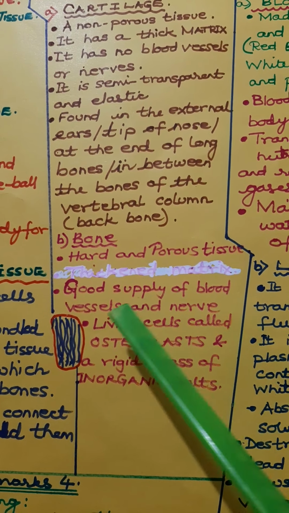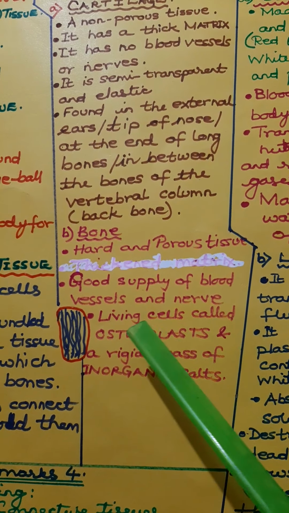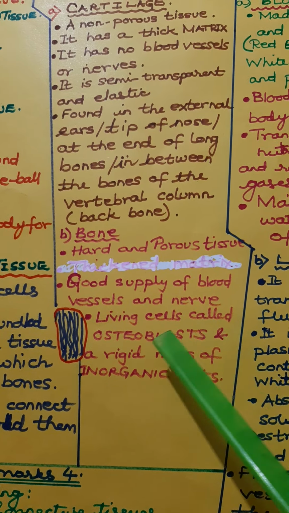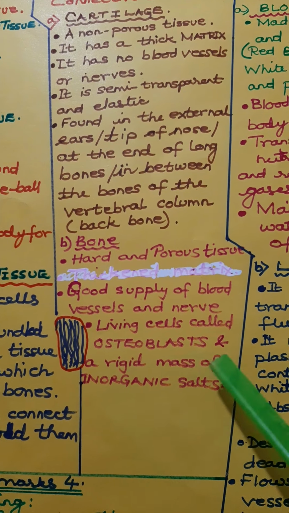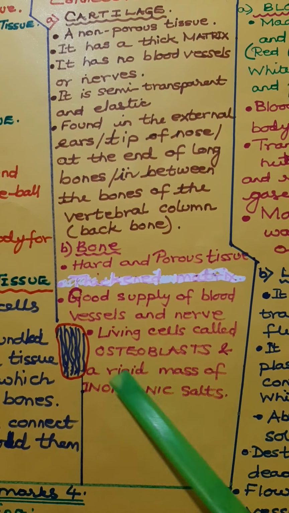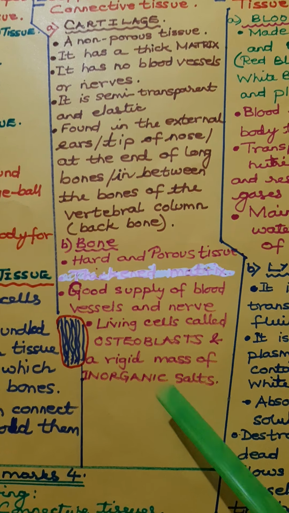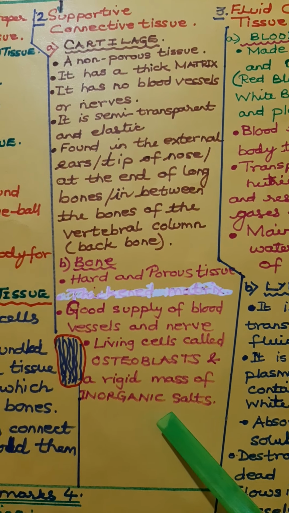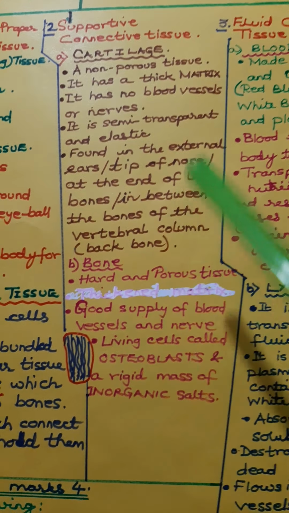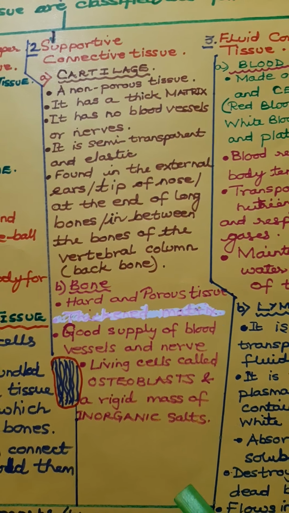Good supply of blood vessels and nerves. Living cells called osteoblasts are found in the bones. And a rigid mass of inorganic salts. Inorganic salts are also found in bones. Okay, so these are the two supportive connective tissues.